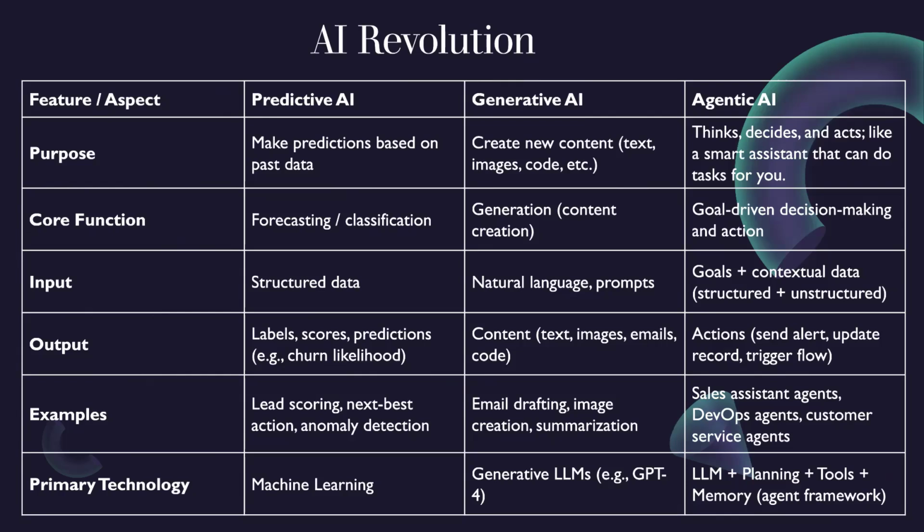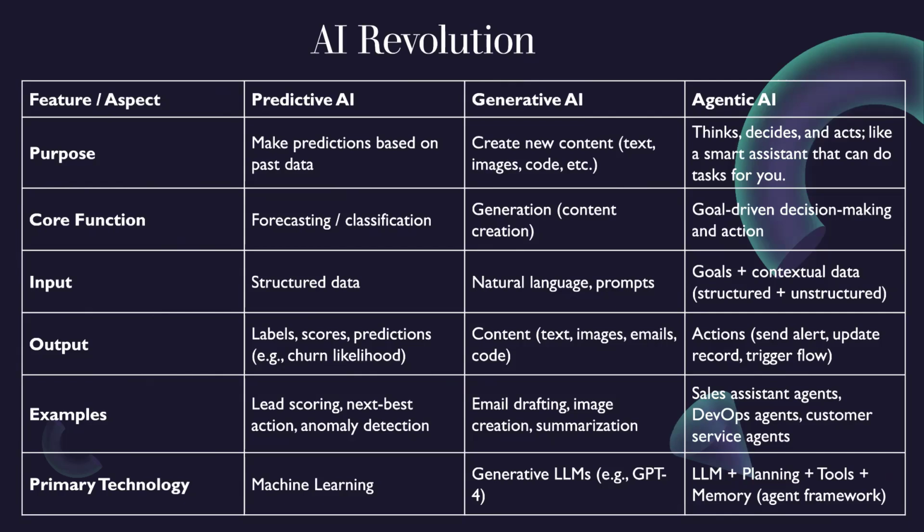It can create new content for us, such as text, images, and code. As an input, we just provide natural language prompts, and then we get the desired output. It mainly uses generative LLMs such as GPT-4 behind the scenes.